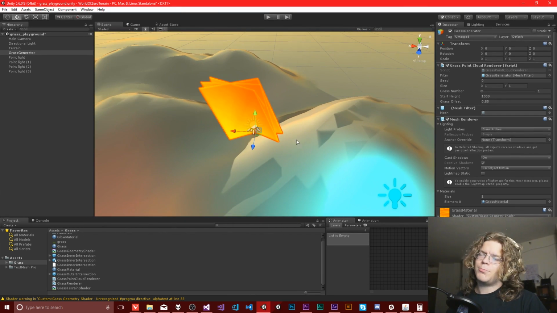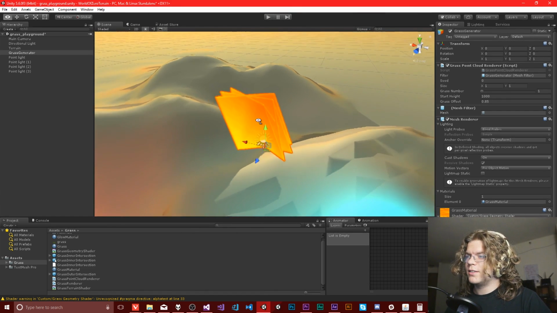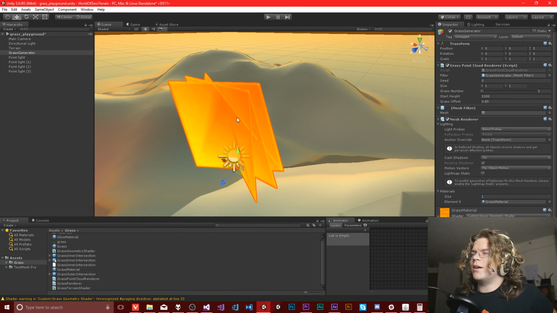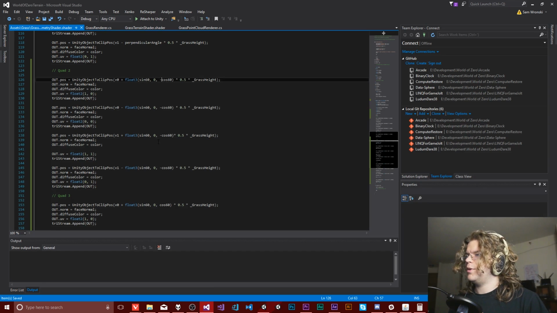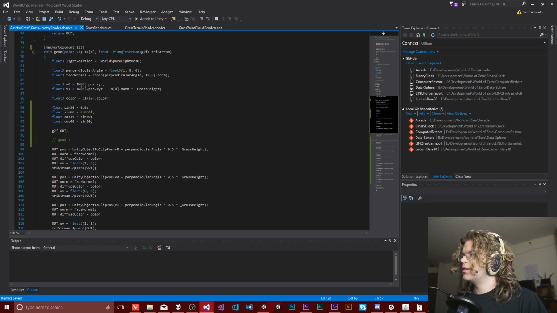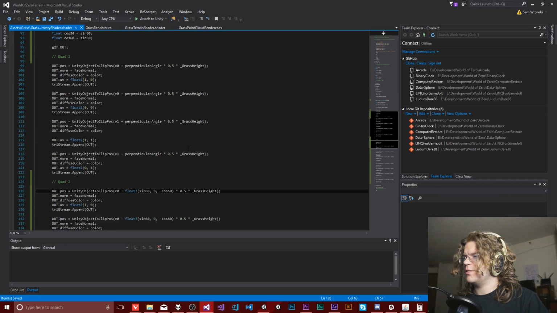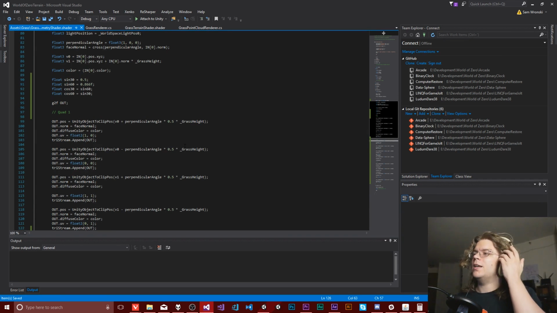And I think part of the skew that we're seeing is coming from that normal, which I'm starting to think we just don't want. So we can actually, wait, what? Oh, perpendicular angle is totally something else. Okay, I was thinking that was up. It's not. The normal is up.